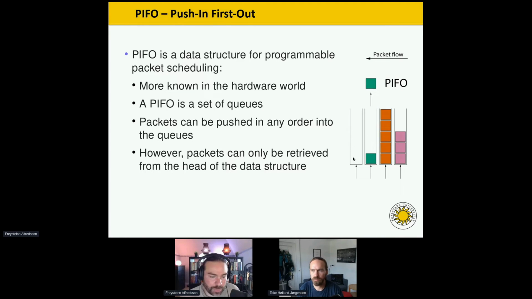However, if you keep pushing packets into the highest priority, then you can starve the packets in the other priorities. The reason why this is an interesting data structure is because they have shown that you can implement quite a few scheduling algorithms with only this data structure.